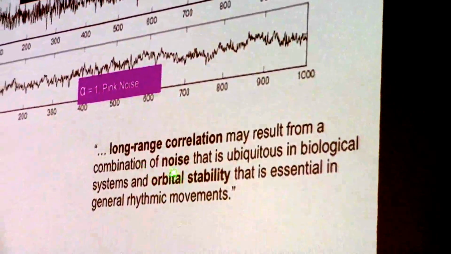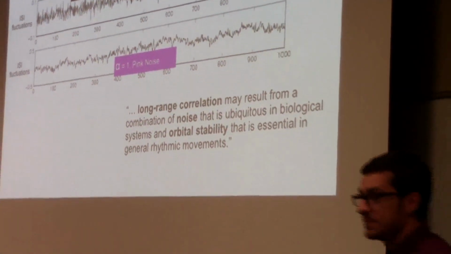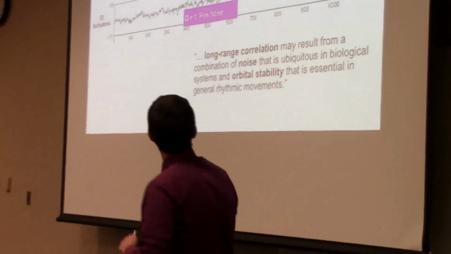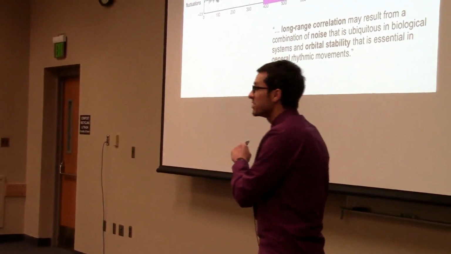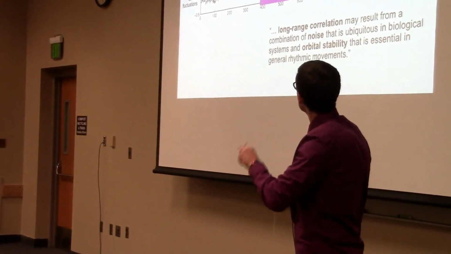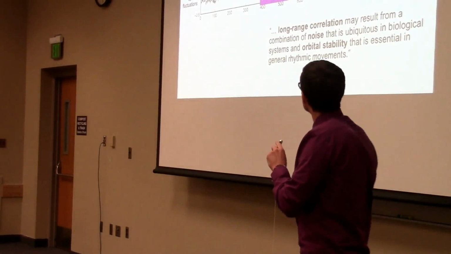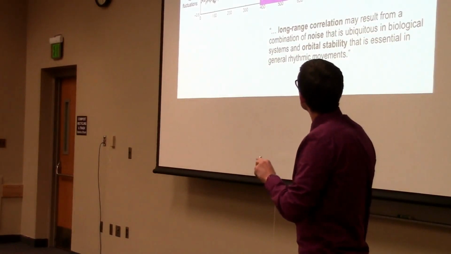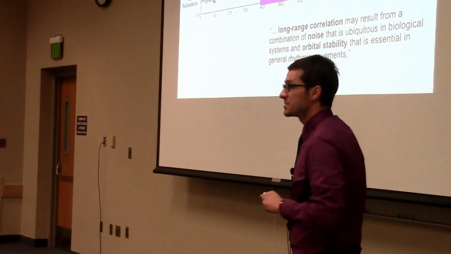So they link, and that's the important part, they link stability with long-range correlation. So basically you have to start from here. If you start from here, you see more stability in this very reduced model of gait. You see the increase in stability, you see the increase in the long-range correlations.